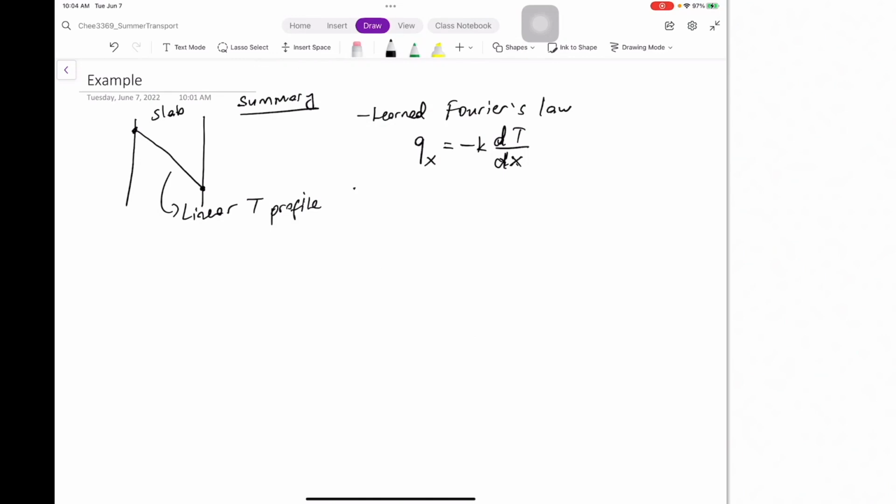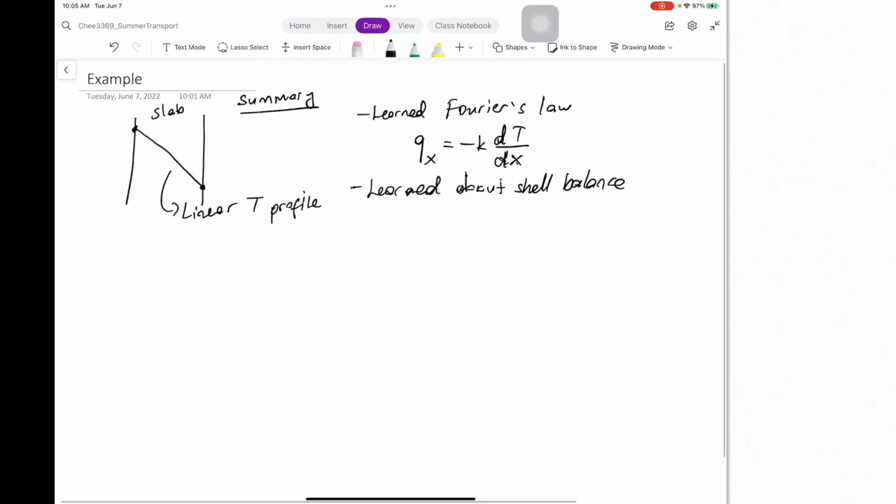And we learned how to do shell balance. We said if you have a geometry on which you want to study the heat transfer, you can actually take a shell.